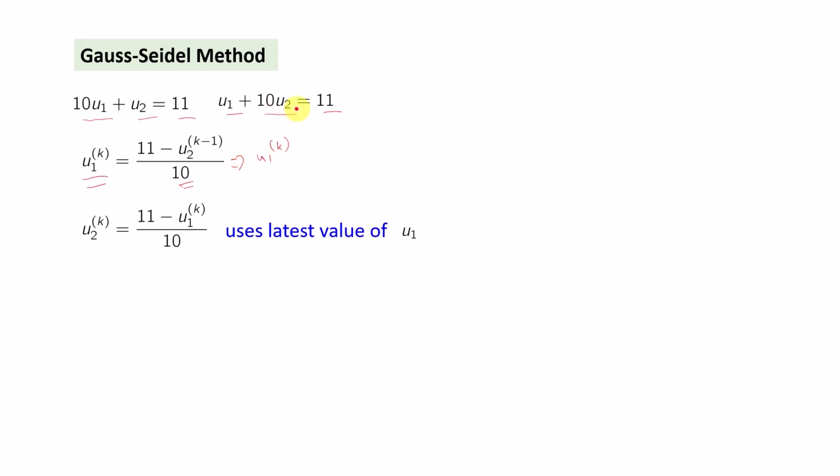Therefore, when I am trying to find u2 at the kth iteration from equation 2, I use u2 at the kth iteration equals 11 minus u1 at the kth iteration, not k-1, divided by 10. So it is always using the latest value, whatever is known. In Jacobi iteration, we would have been using the k-1 iteration for u1, even though u1 at k is known.